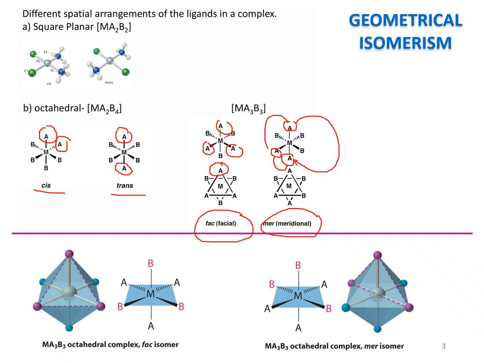So that makes the conformation meridional. So these isomers are meridional and facial depending on the position of the three identical ligands.